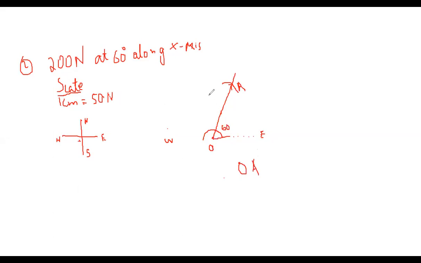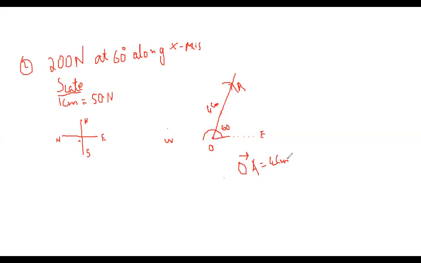According to your scale, this is the 4 centimeter length, and you can say that this 4 centimeter vector shows a 200 Newton force along the x-axis at 60 degrees. So this is a clear example of how you draw an angle and how you can draw the vector on paper.